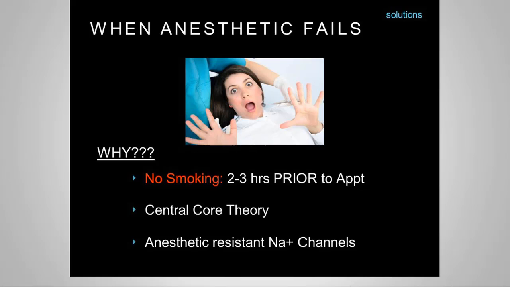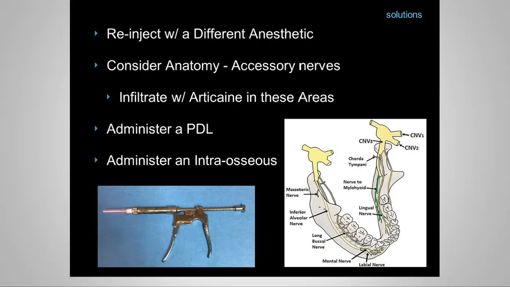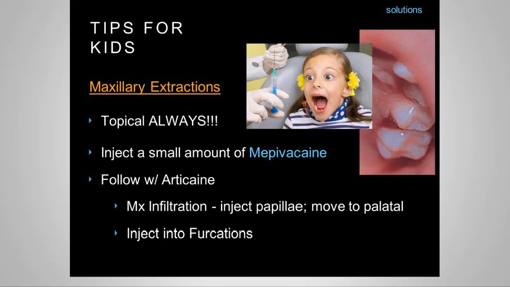So what I found is if you try infiltrating with articaine, it's going to be better than lidocaine for that reason, and sometimes you might have to even supplement with an interligamental, or you may have to even do an interosseous injection to make sure that you can overcome that. So again, some of those little anatomy reminders we need to see again. You move down through the list, use a different anesthetic, administer that PDL like I talked about here. Maybe it has to be the interosseous. Go to other tools that are in your kit. That's what you might have to do there.